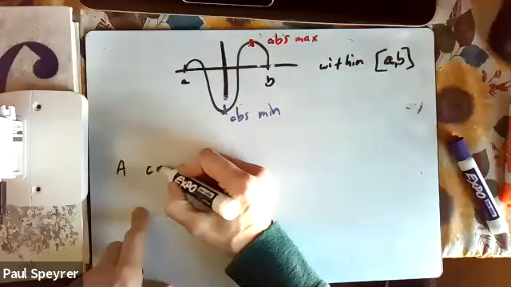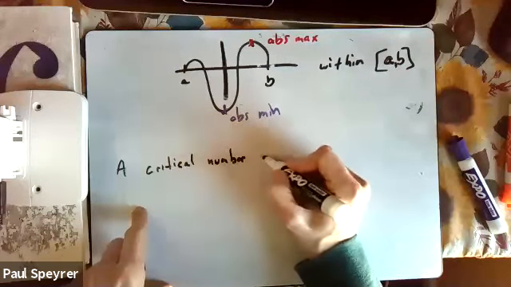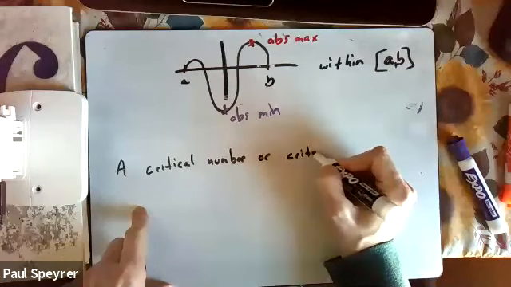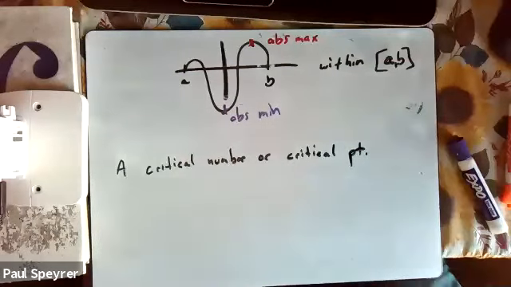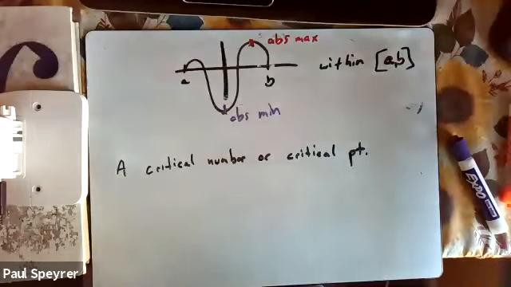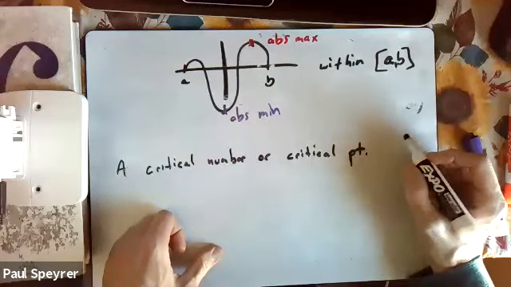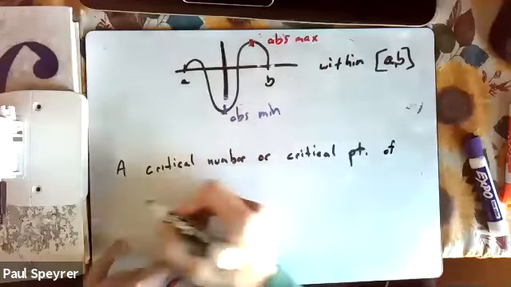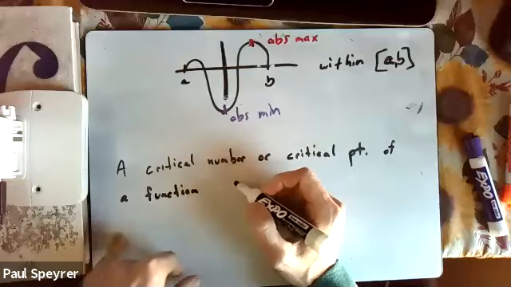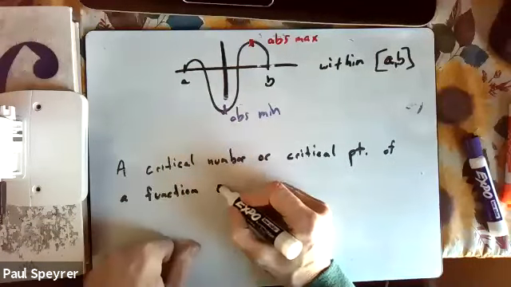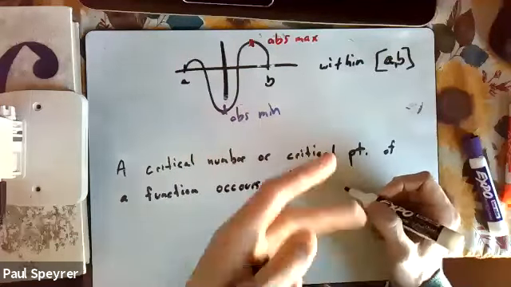A critical number or a critical point, PT just means point, of a function occurs when you have a couple possibilities.